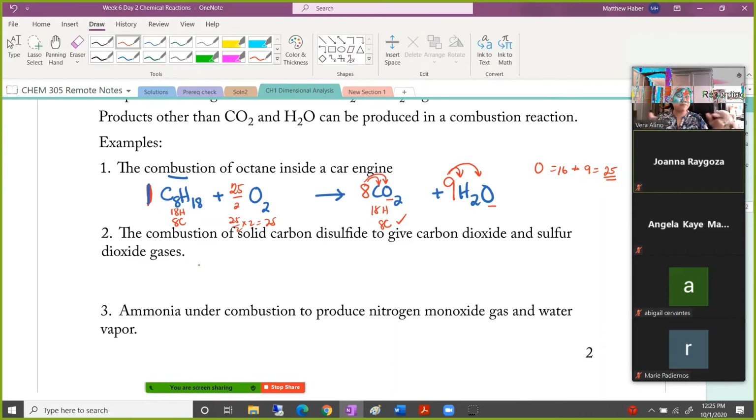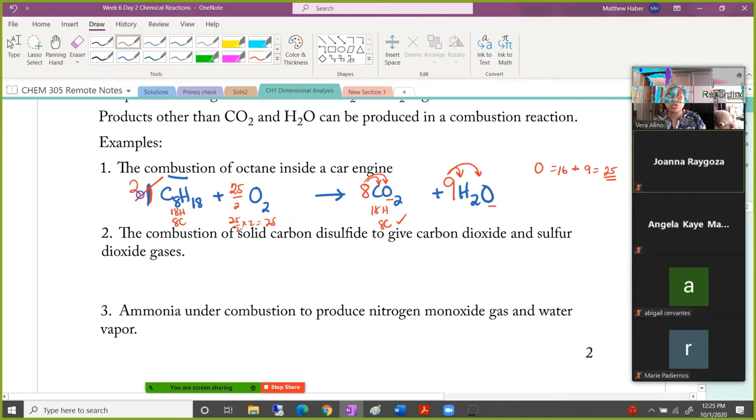Now again, once you have all of the coefficients in the substances filled, that's when you stop. Now you then assess, is there a fraction? You have to get rid of that fraction. To get rid of that fraction, you have to multiply both sides of the equation by that number. That's 2. So I'm going to get rid of that 2 by multiplying both sides of the equation by 2.